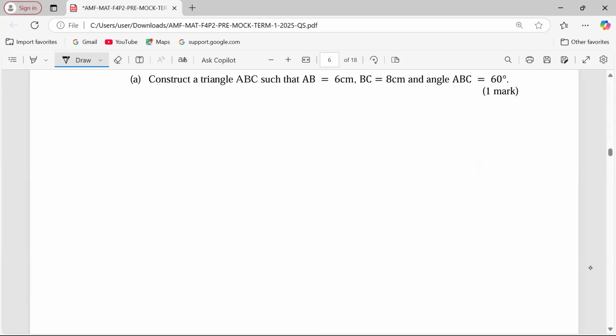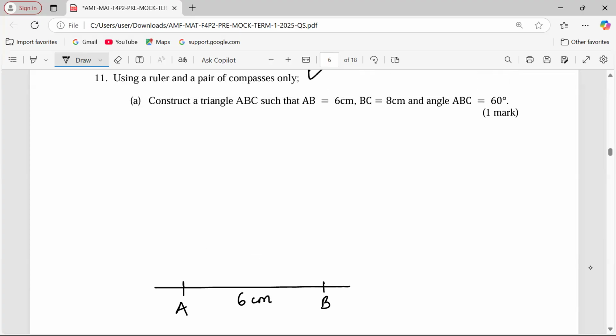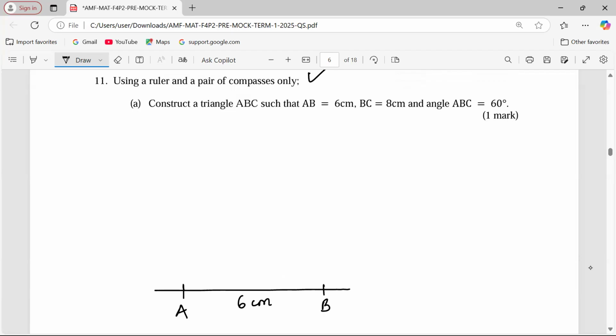So AB is 6, I begin with 6 centimeters. So from A to B, we measure 6 centimeters. Then after this, at B, we construct 60.